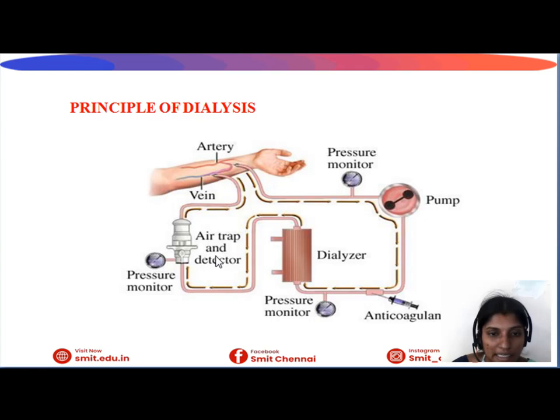It will indicate, and we are connecting the dialyzer to our largest artery or vein. The artery or vein is used for the dialysis process, and here we have the dialyzer. In this we will have the dialysis solution.